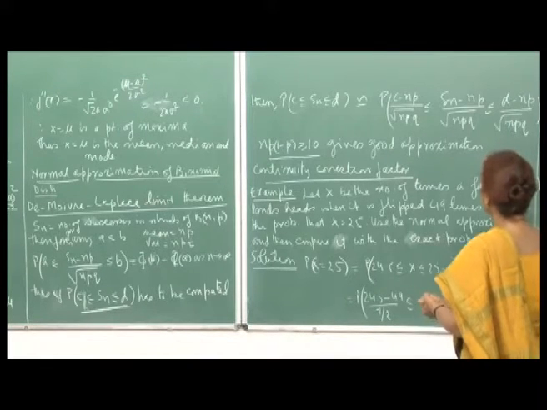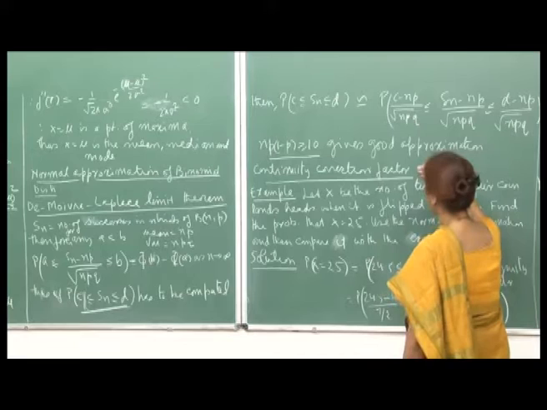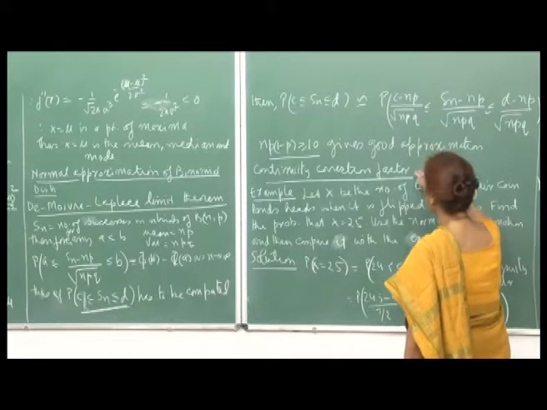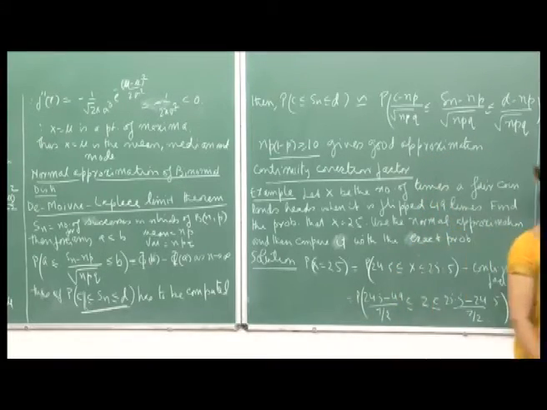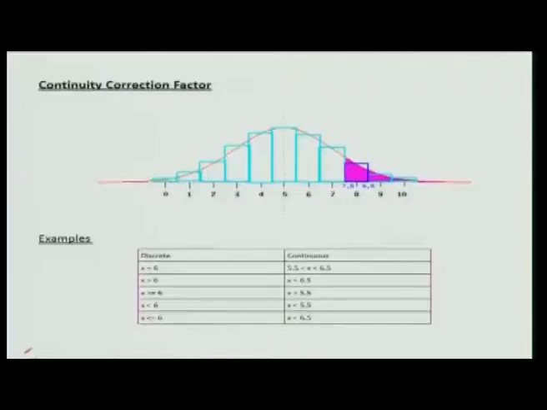Okay. Now, there is an important aspect to this approximation, and that is the continuity correction factor, which I will discuss here. So, look at this curve. I have the binomial curve here, the bar chart, and the red line curve is the normal approximation.